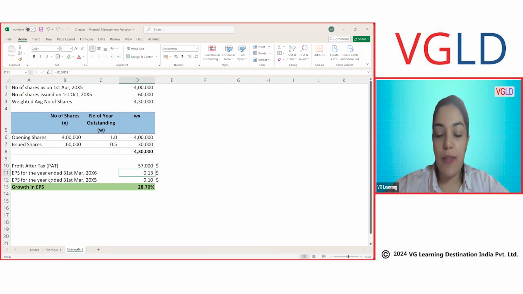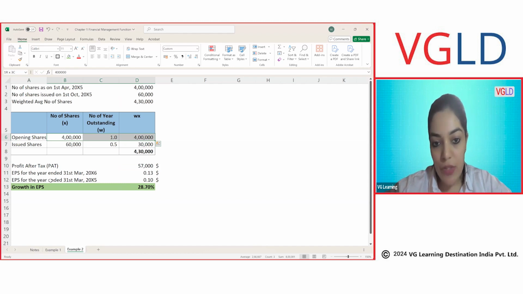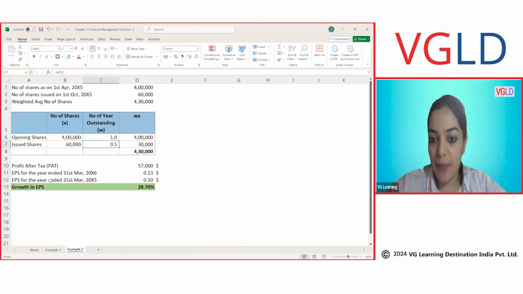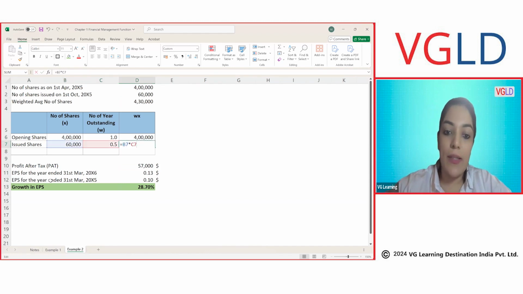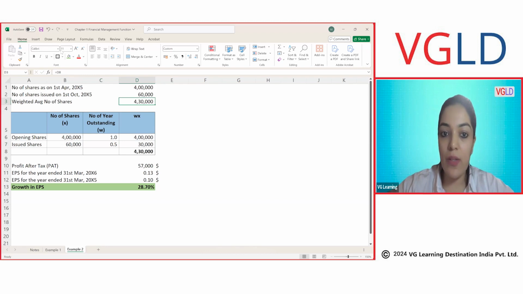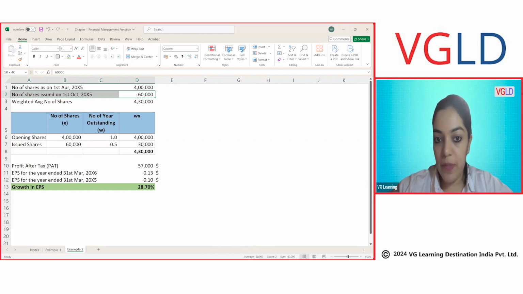What you have to do is find out the weighted average number of shares. 4 lakh shares were outstanding for the whole year. 60,000 shares were issued during the year, so they were outstanding for 6 months, or you can say 0.5 years. So that is 30,000. So the weighted average number of shares is 4 lakh 30,000. Do not take it as 4 lakh 60,000 because 60,000 shares were issued in the middle of the year.